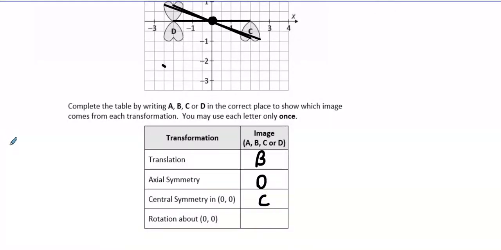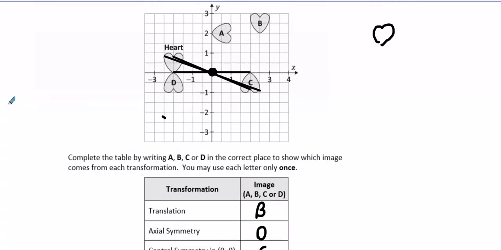Now rotation about O. Rotation's an interesting one. So what I'm going to do here is just draw a heart here, like so. Then I'm going to draw a circle.